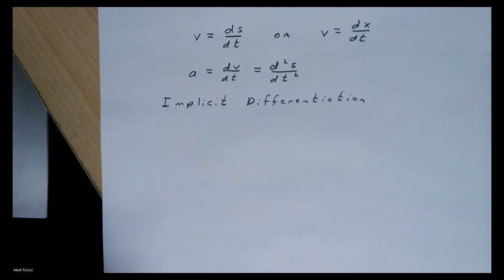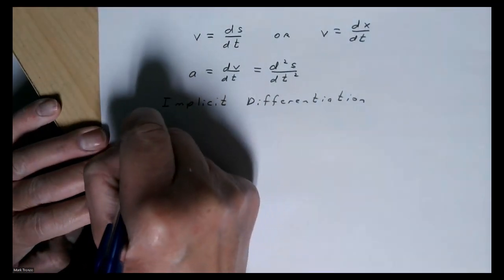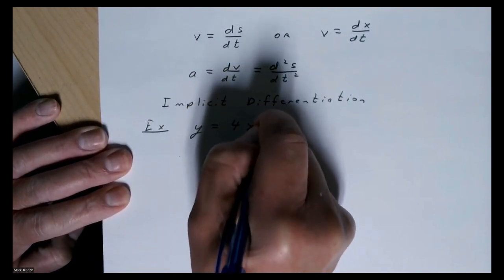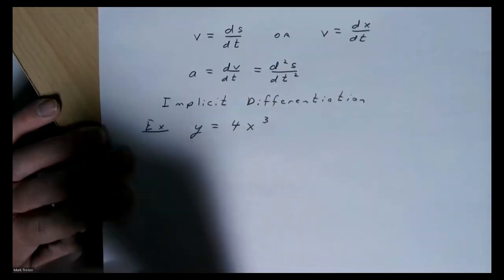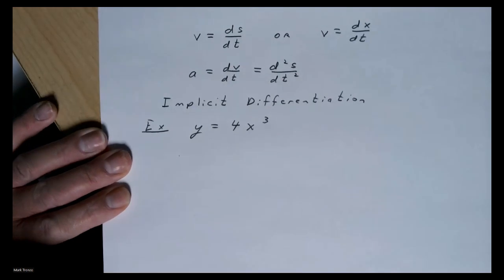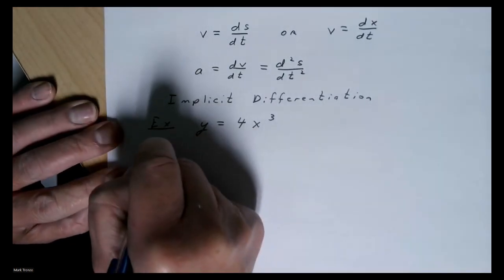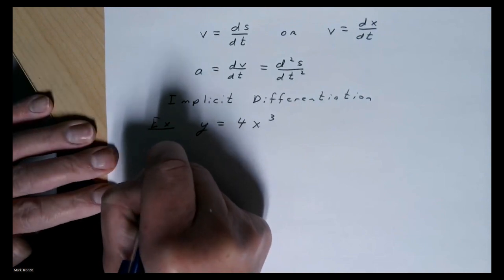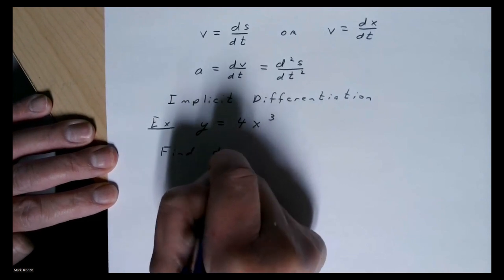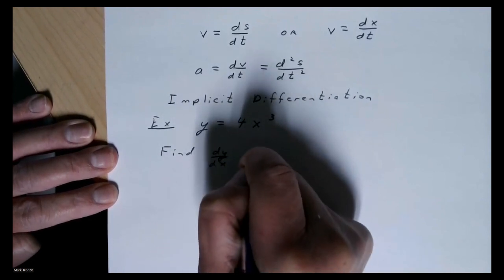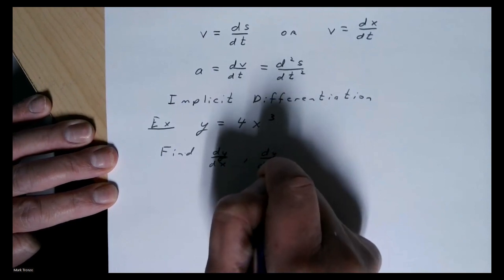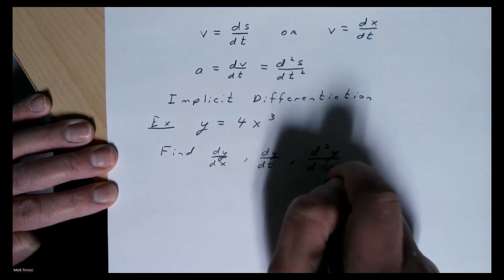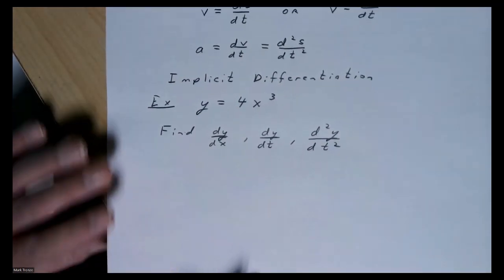Let me just do a real basic implicit differentiation now. So suppose we have y equals 4x cubed. And let's say y is a function of t. So let's find dy/dx, dy/dt, and the second derivative of y with respect to t.